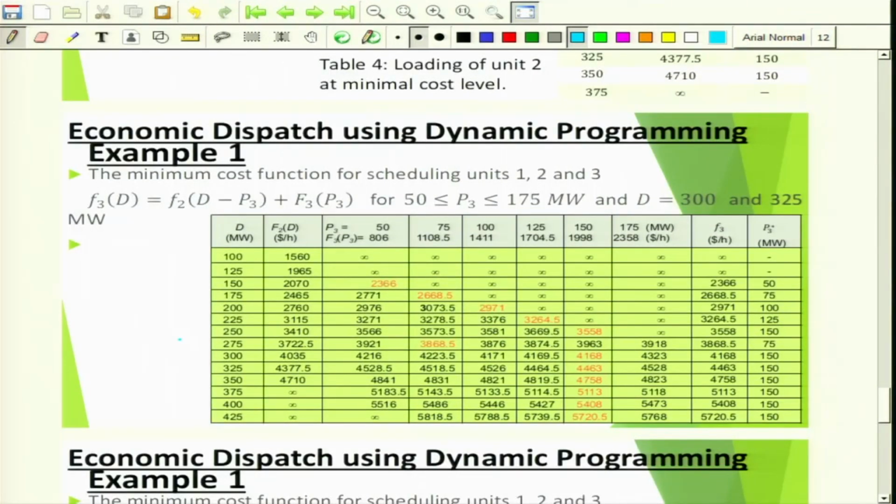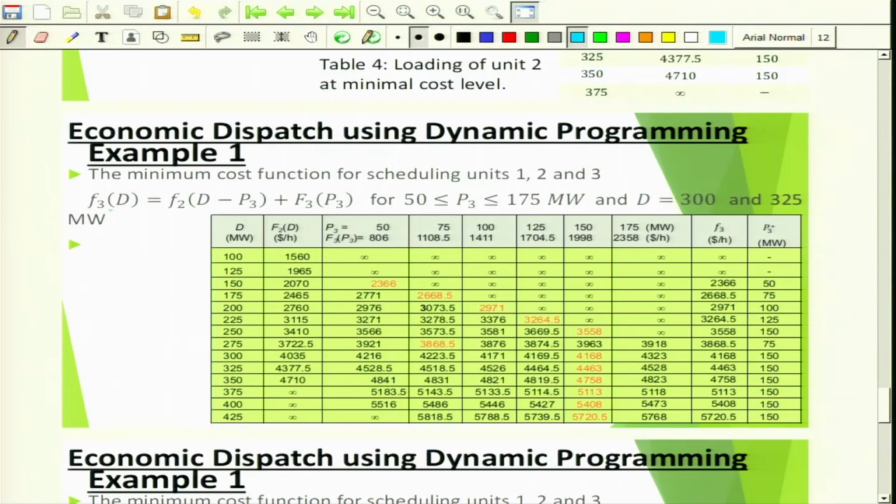Earlier you had just 1, 2, now you add upon a third generator. Now total cost is the cost associated with generation 3, F3 of P3, and total demand minus P3, that means is equal to P1 plus P2 ultimately. So from the previous table, you have the best combination of 1 and 2, right?